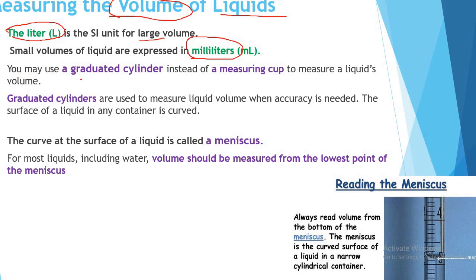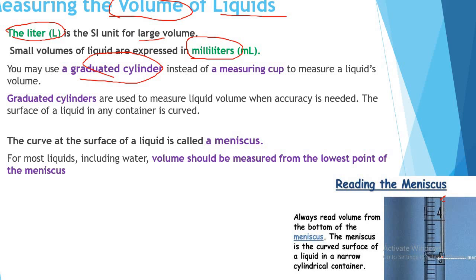You may use a graduated cylinder instead of a measuring cup to measure liquid volume. Graduated cylinders are used when accuracy is needed. So if you want to measure the volume of liquid accurately, we use a graduated cylinder.